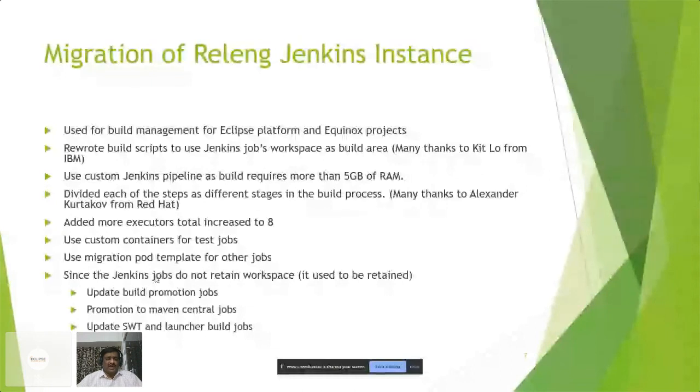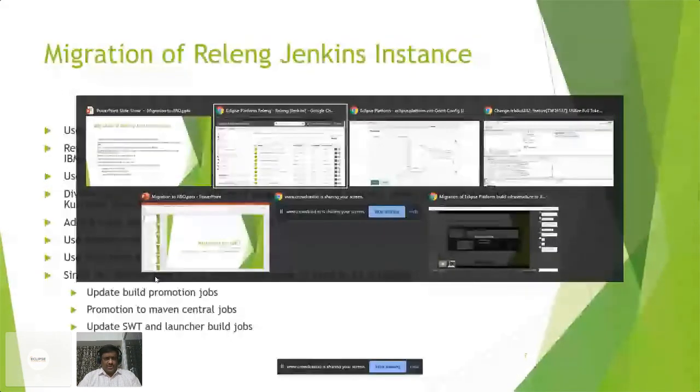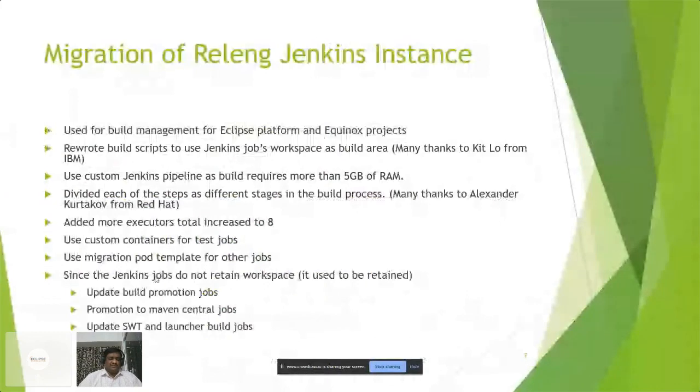Then we have promotion to Maven Central. All the Eclipse platform artifacts used to get promoted to Maven Central. These jobs also shared workspaces, so we had to rewrite these jobs. Similarly, native build jobs also have the same problem. That actually completed our Releng Jenkins instance migration.